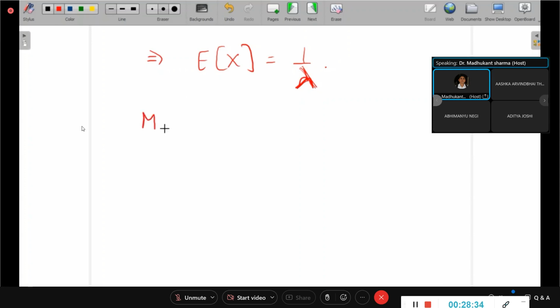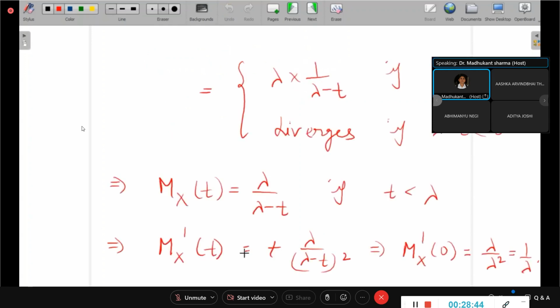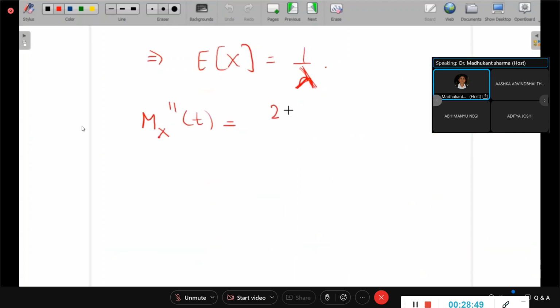Now if you go further, the second derivative of M_X at t, you can also find the variance by using this. So M_X double dash of t is 2 lambda by (lambda minus t) whole cube, again with minus minus giving plus. So M_X double dash at 0 equals 2 lambda by lambda cube, which is 2 by lambda square.